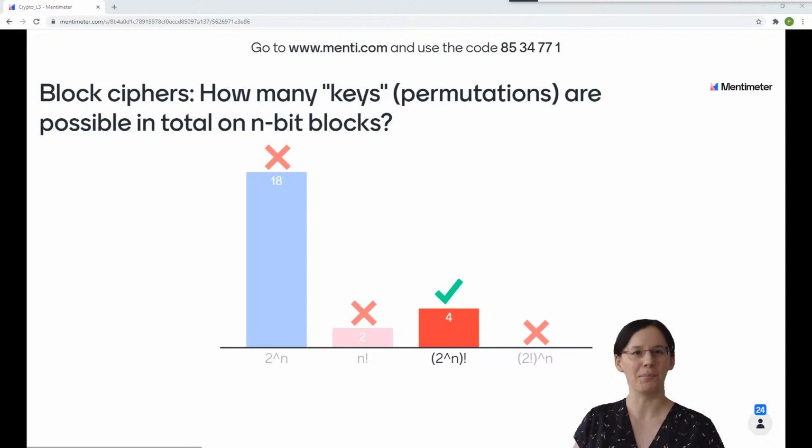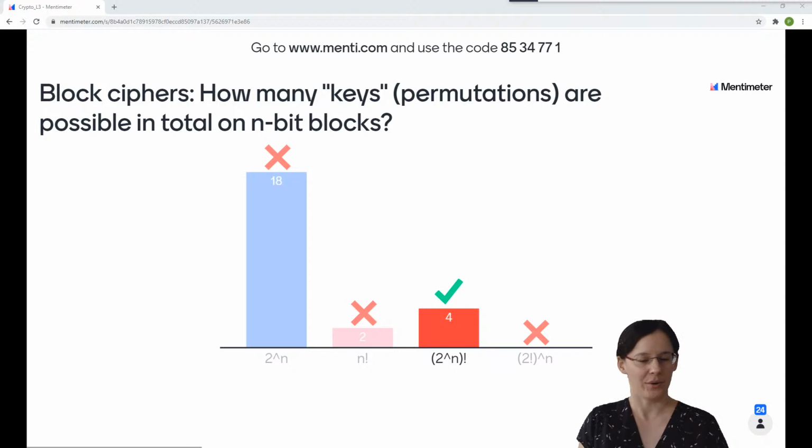So most of you probably interpreted this question a bit differently, since most of you answered 2 to the n. So it's true that for most block ciphers in practice, like the AES, we often have a key size that is the same as the block size. And in this case, if both the key and the blocks are n bits large, then you have 2 to the n possible keys.